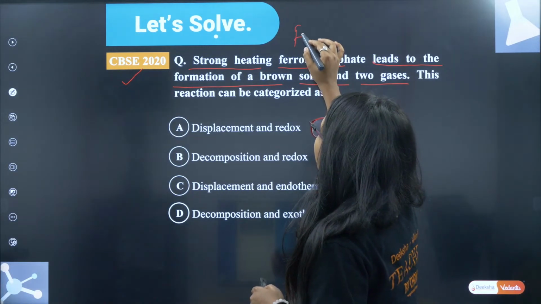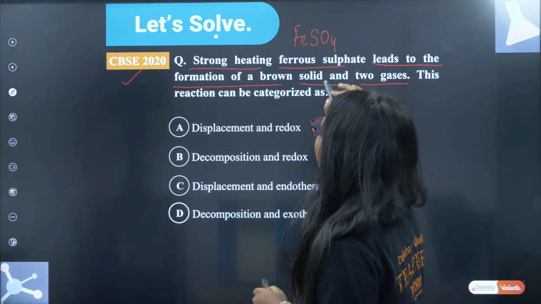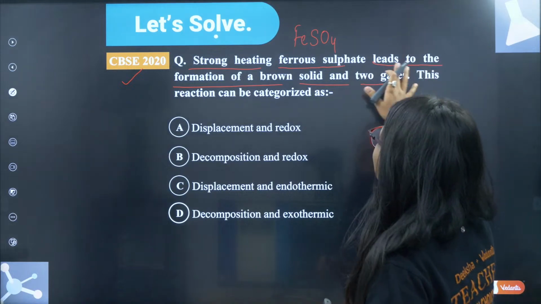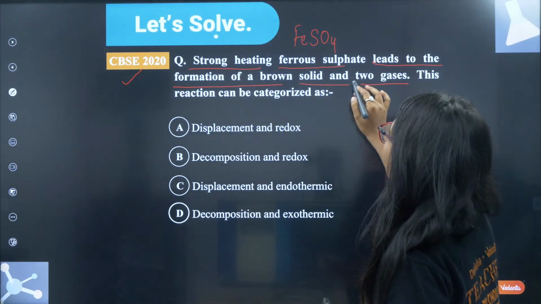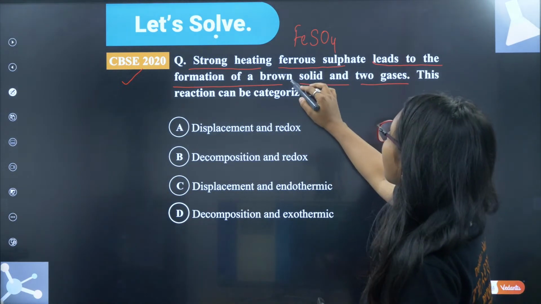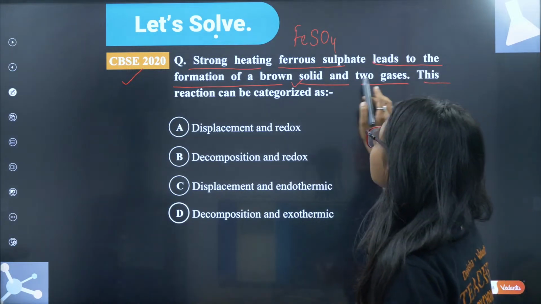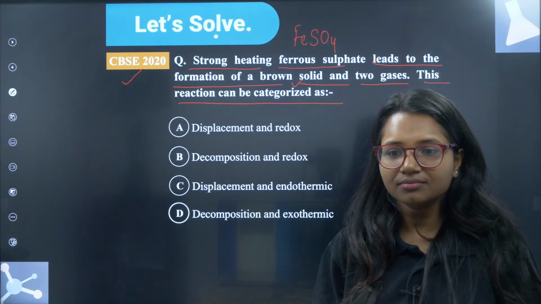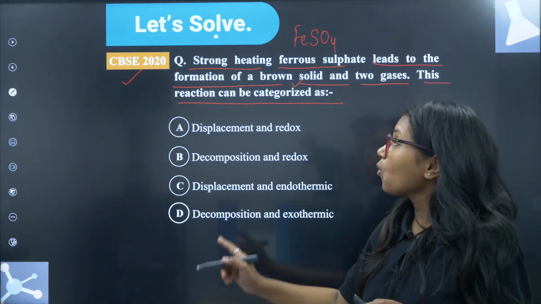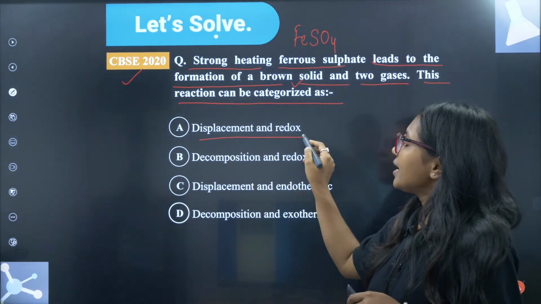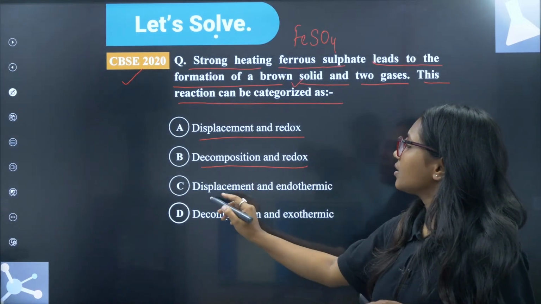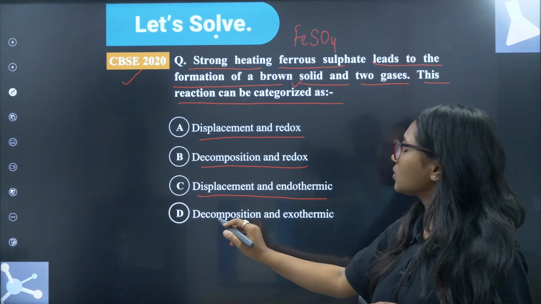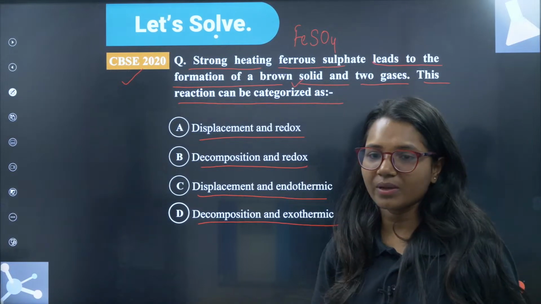It is FeSO4. Correct? Ferrous sulfate leads to the formation of a brown solid and two gases. A brown solid and two gases, this reaction can be categorized into what? Displacement and redox, decomposition and redox, displacement and endothermic, decomposition and exothermic.